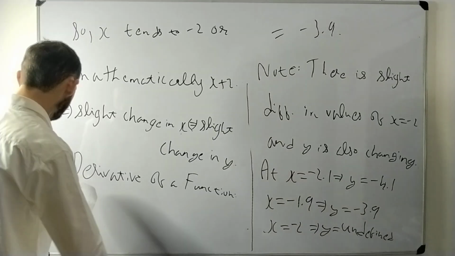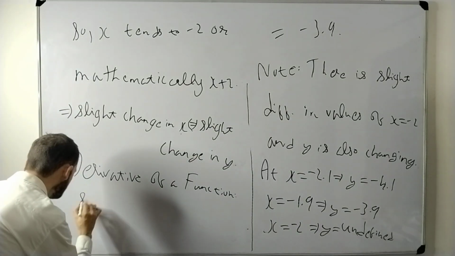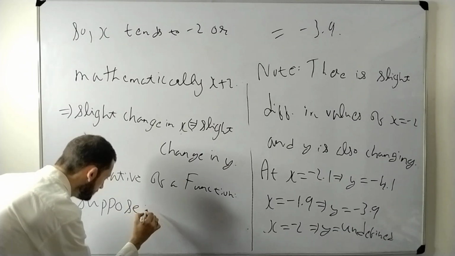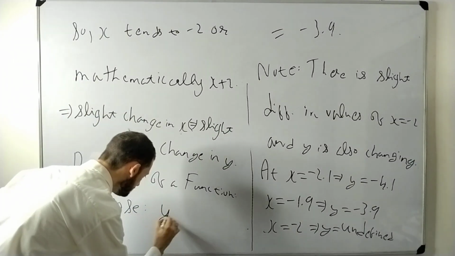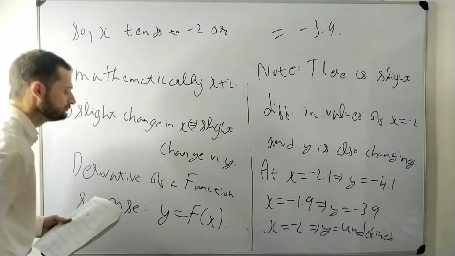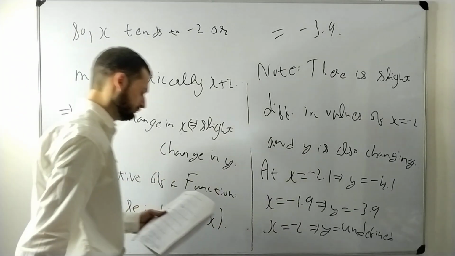Derivative of a function. Suppose y is such that f happens to be a function of x. It could be anything.